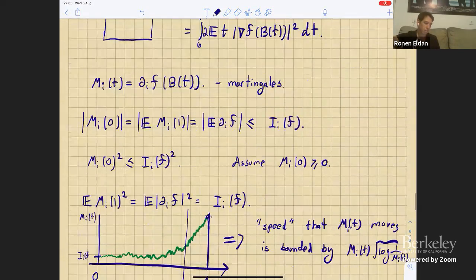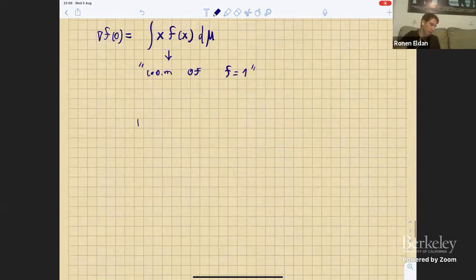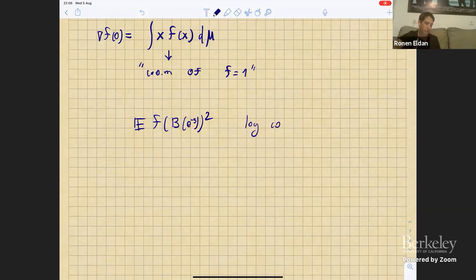It's pretty easy to show that the expectation of f of B_t squared, with t equal to e to the minus s, is a log convex function in s.